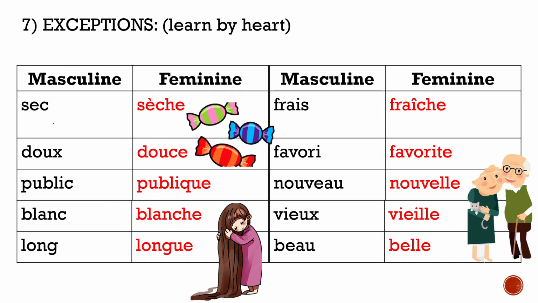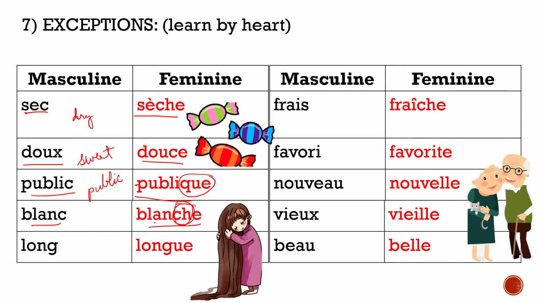Let's quickly go through them. Sec becomes sèche, which is dry. Please look at the spellings carefully. They are called exceptions for a reason. Doux becomes douce, which is sweet. Public becomes publique with a QUE, which means public. Blanc becomes blanche, CHE.